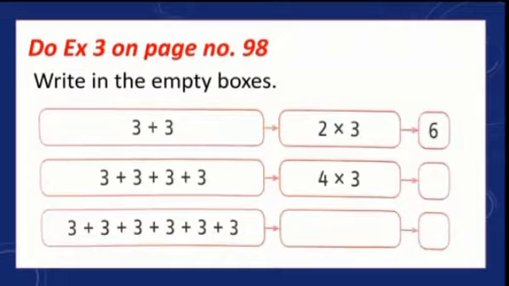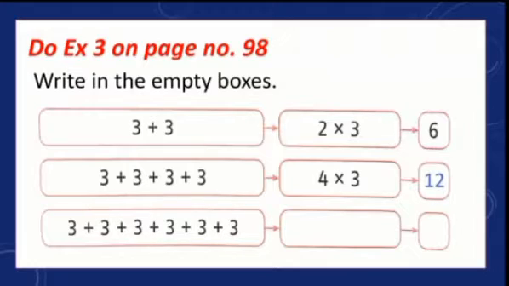Okay students. Now in the next example, when we add 3 four times, the answer will be 12. And if you multiply 3 by 4, still the answer remains the same, that is 12.